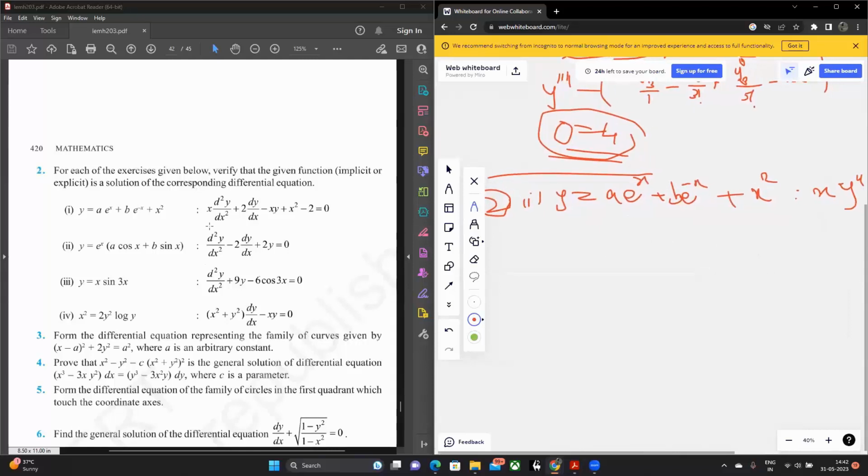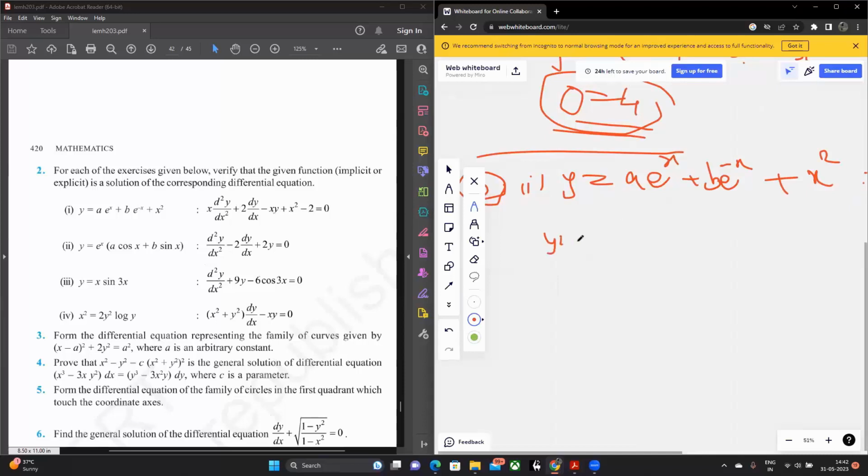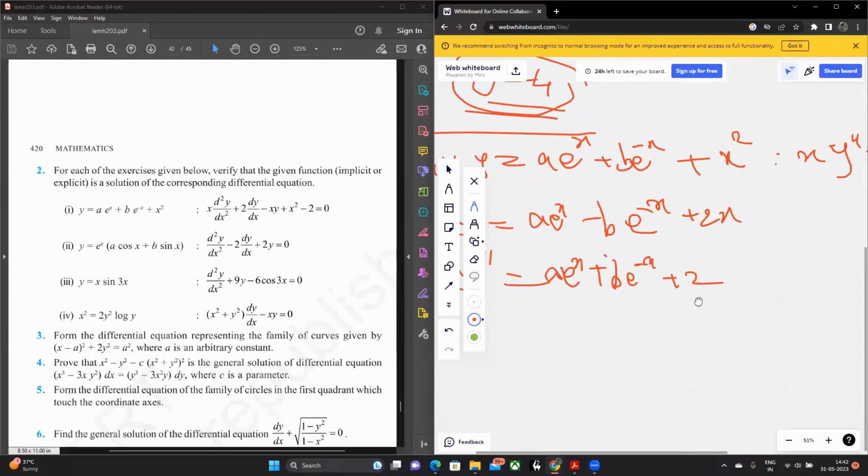Since you have a y double dash and a y dash term, differentiate this equation twice. y dash is easy to find: it is a e power x minus b e power minus x plus 2x. And y double dash, on the other hand, is a e power x plus b e power minus x plus 2.